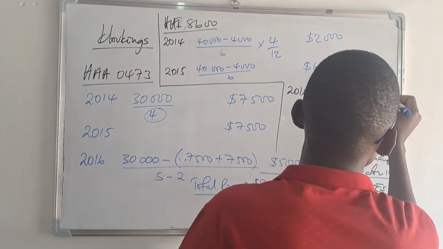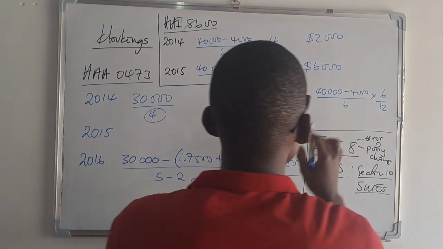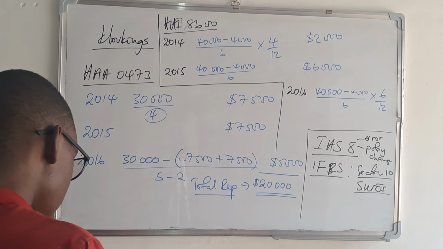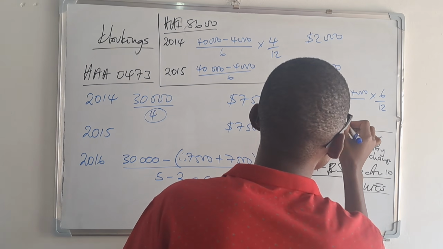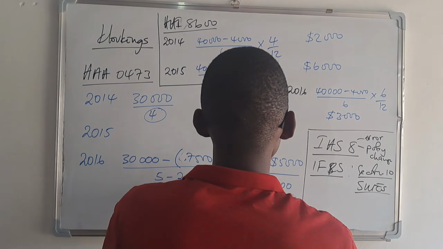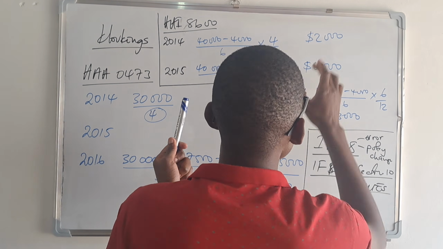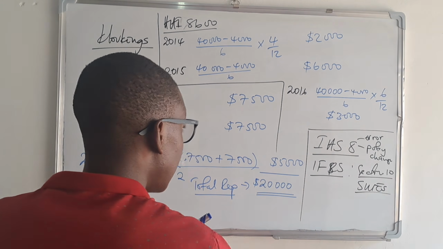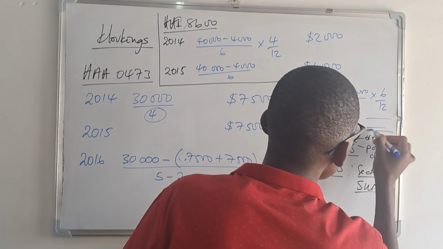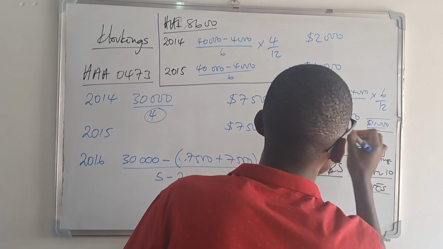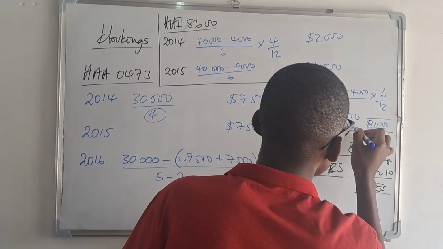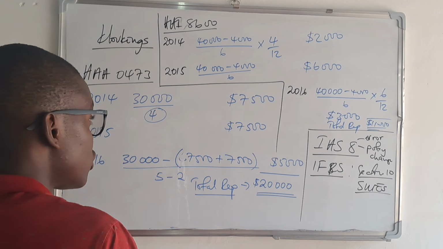So it will be 6 over 12. 40,000 minus 4,000 over 6 times 6 over 12, you get $3,000. The total depreciation is 2,000 plus 6,000 plus 3,000, which equals 11,000.